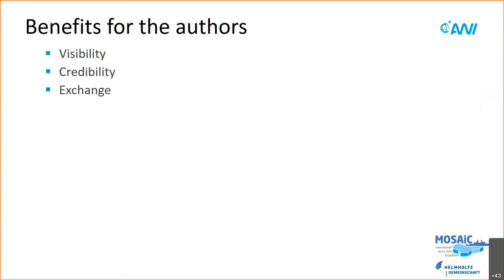Also, when underlying data are accessible, then the research is reproducible, which adds to the credibility of the research, and improves accessibility by the scientific community. So it improves your scientific exchange.